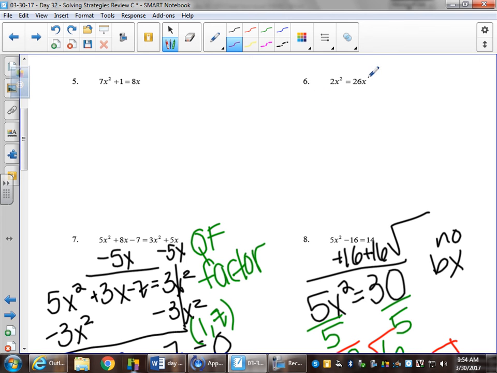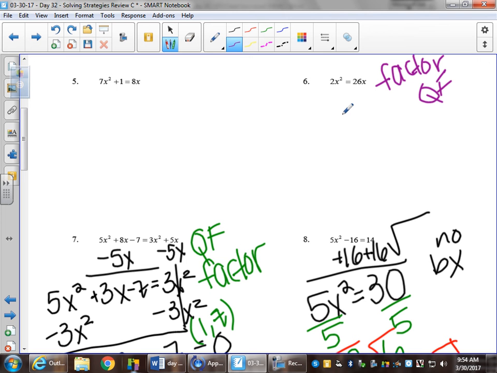Gabriella said because this has 26 with an X attached to it, that is a B term. So there is a B term. Yes, you can use the quadratic formula, but let's try factoring it. You can factor or use quadratic formula. Watch this, because this one's a little bit different.